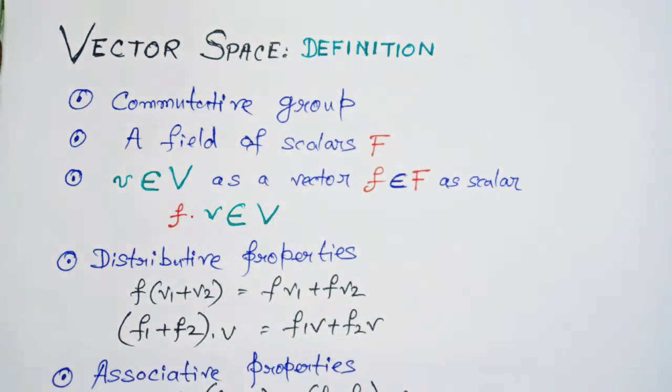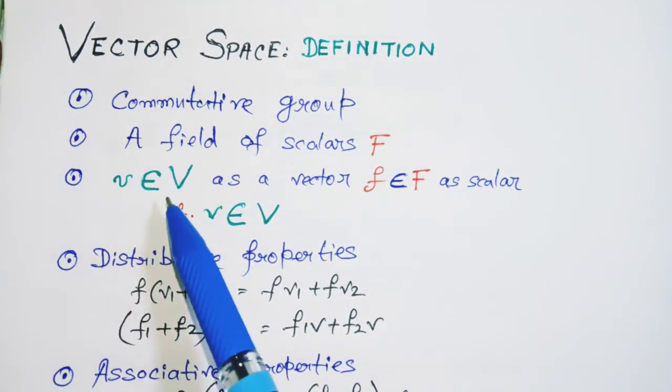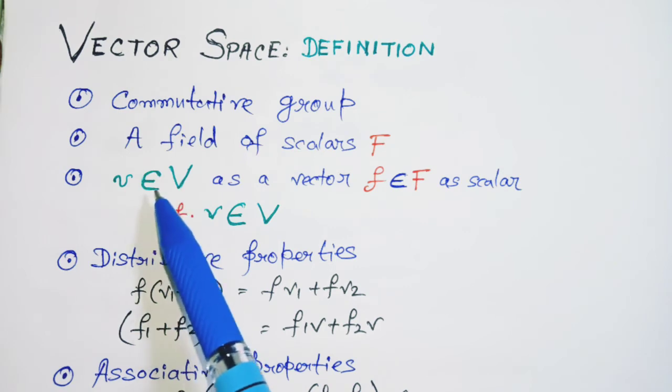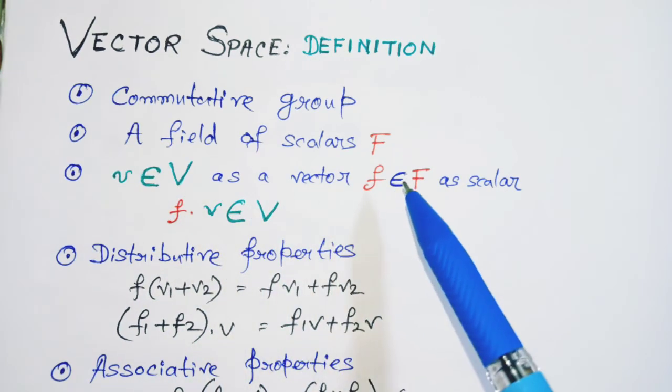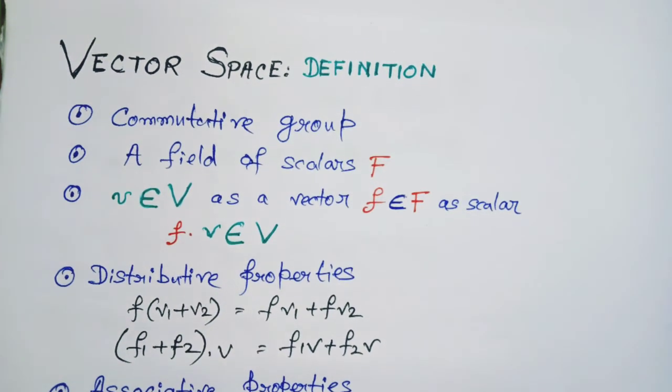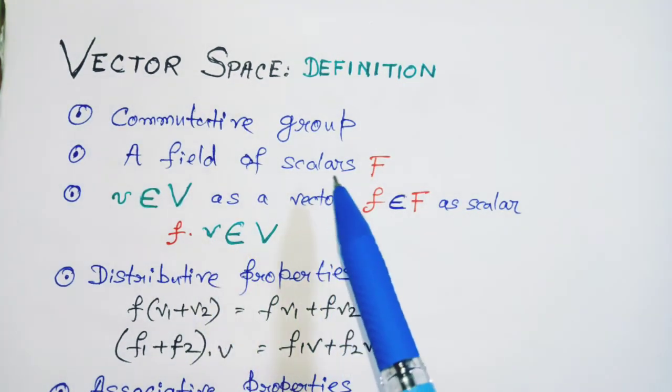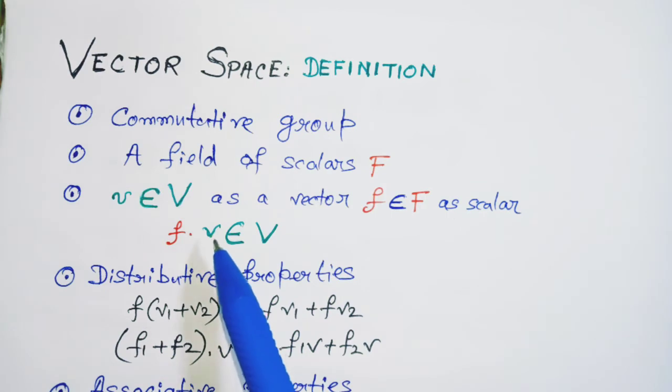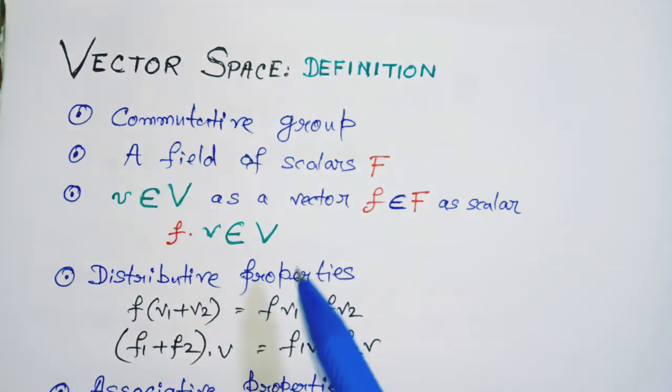V, small v, which is a vector, is included in V as a vector, and obviously small f is included in F as a scalar. So what I can tell from this is that f, that is the part of the field of scalars, multiplied by a vector gives back a vector.